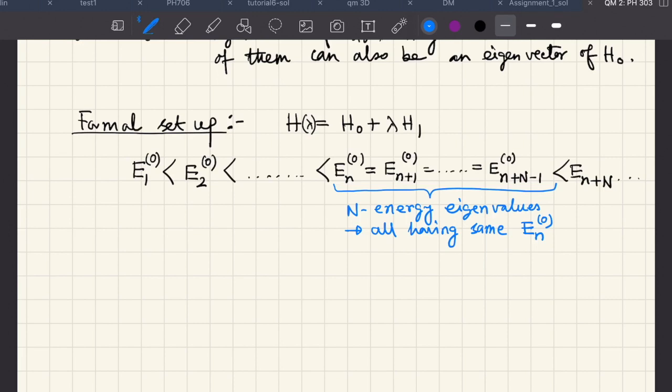That means you actually have a Hamiltonian whose diagonal entries are different, but as soon as it reaches the nth element, the diagonal entries are all equal.